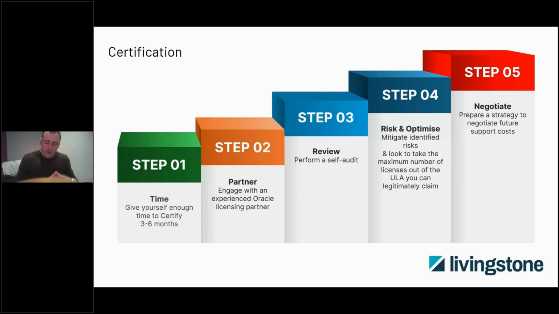One of the goals of certification is for you to exit that agreement with the maximum number of licenses that you're entitled to. And so it's kind of like the flip side of an audit. In an audit, we're trying to keep the number of products used in line with the number of licenses a customer owns.